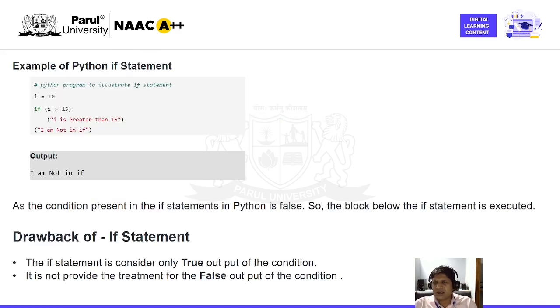You can see an example program to illustrate the if statement. I equals 10. If I is greater than 15, the value of I, which is already initialized, is 10. The value of I is not greater than 15, so I am not in the if block.